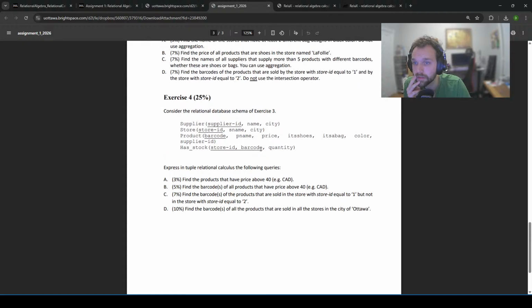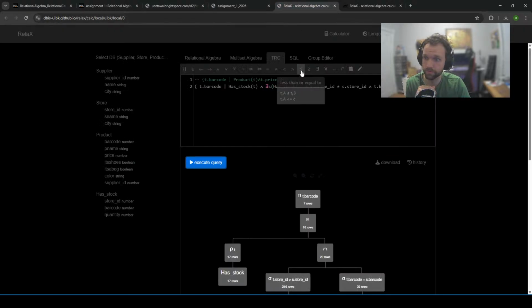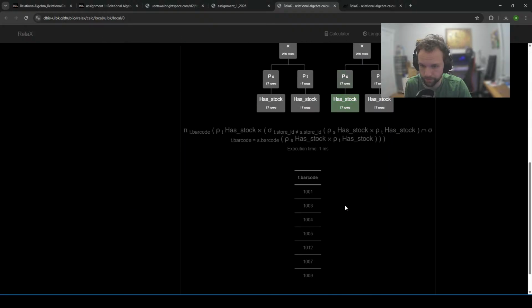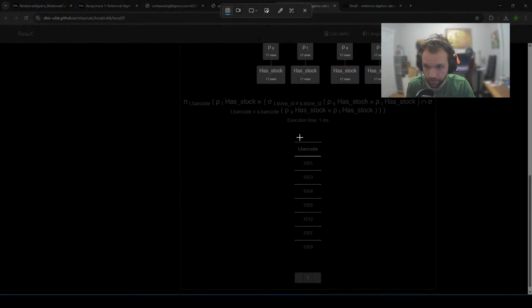Oh, wait. Find the barcodes of products that are sold in store 1 but not sold in store 2. So according to this, this is the answer. Let us verify that.